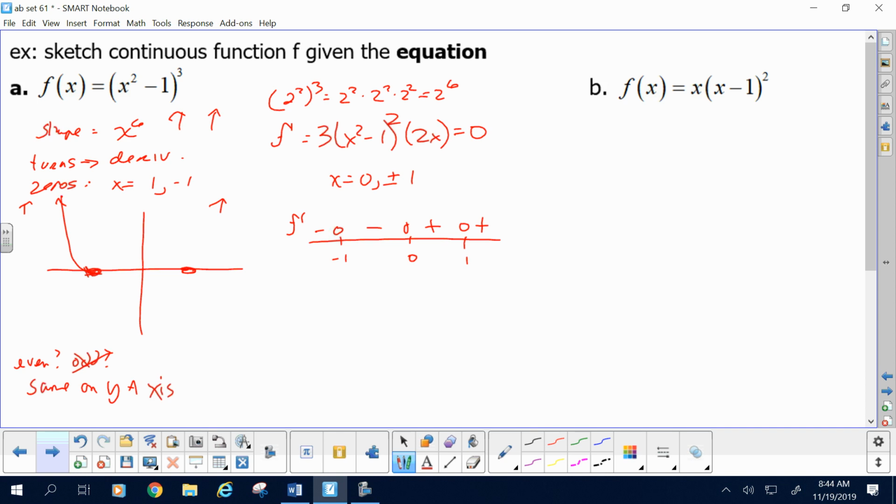And what is the y value at 0? -1. So it's going to decrease. Seems like it has a little inflection point in there. And then increase, flat, increase, yeah? I'd love to see if there are inflection points in between, but we'll call it good there. That's a pretty decent sketch. All right.